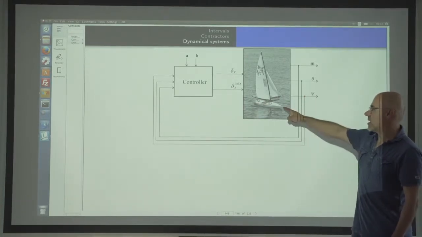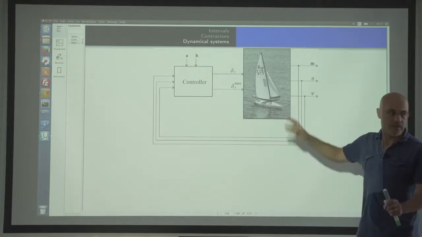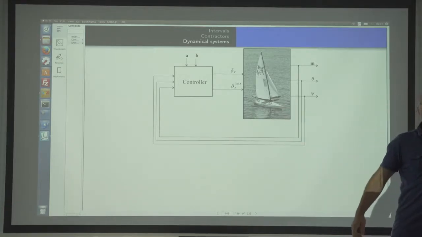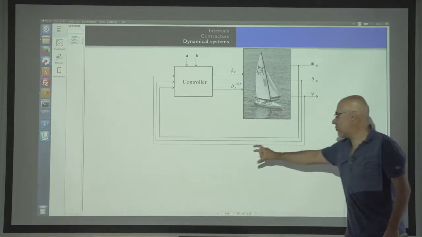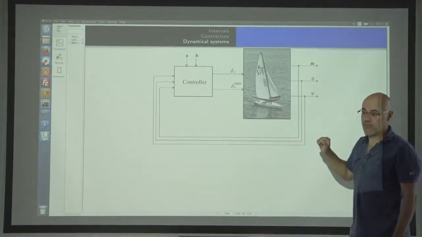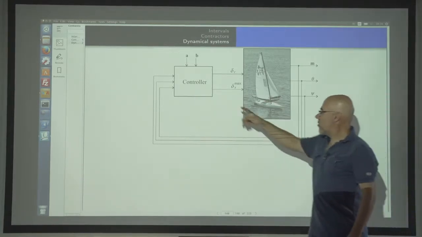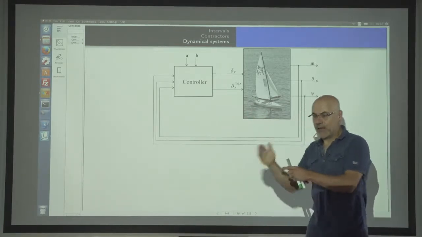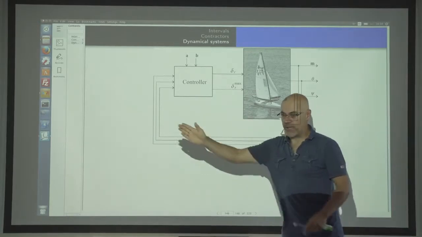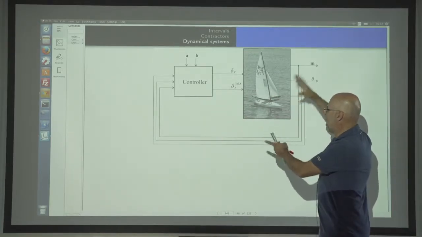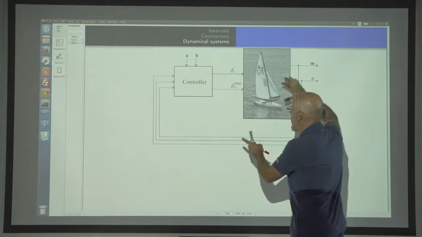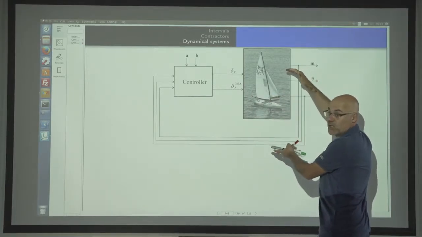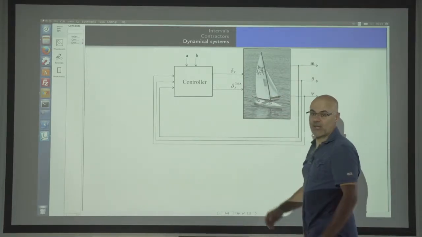It is a hybrid system, mainly because of the sail. Because of the wind, we have to change tack often to go upwind. So it is a hybrid system with a controller, and we want to prove that this system, which is not so simple, will stay inside the corridor.